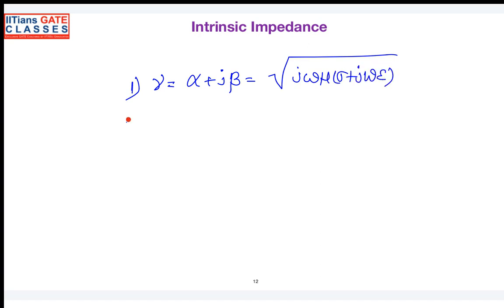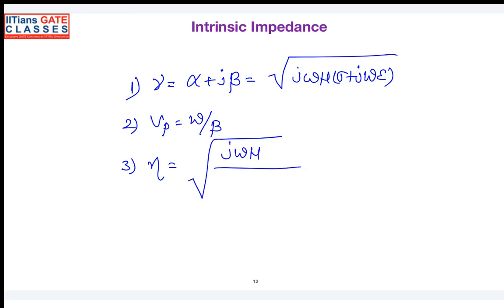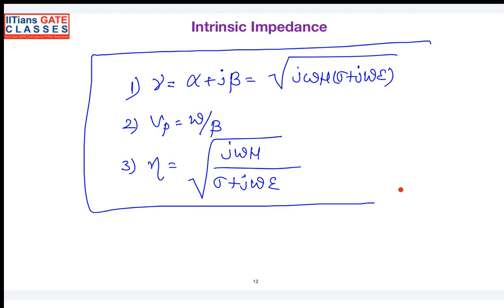The second one is the phase velocity, that is the ratio of omega by beta. And the third one is the intrinsic impedance, that is root over j omega mu by sigma plus j omega epsilon.